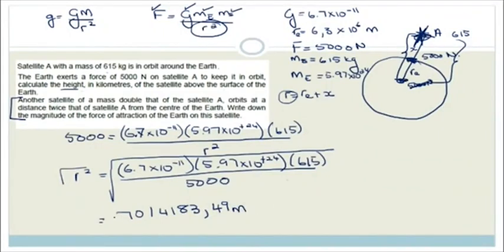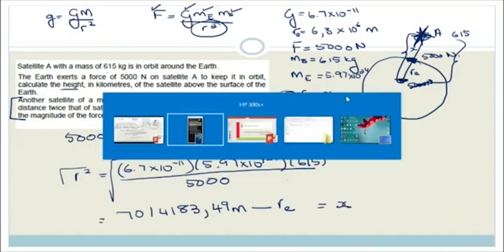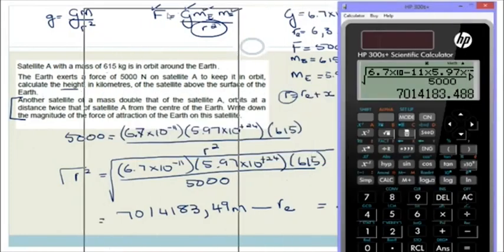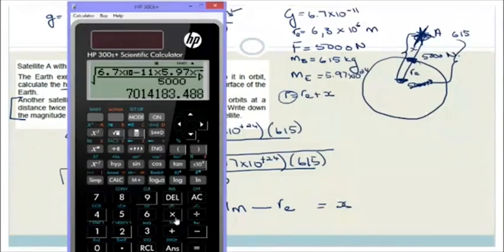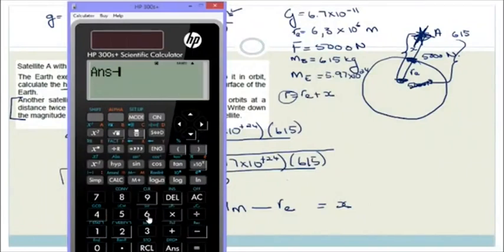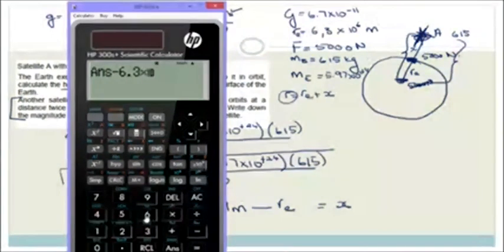So what do I have to do? I now need to subtract the radius of the Earth to get to my x. So the radius of the Earth is 6.3 exponent 6, and I'm going to subtract that.